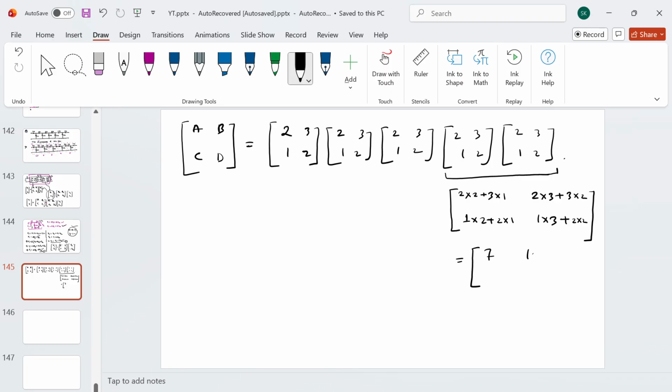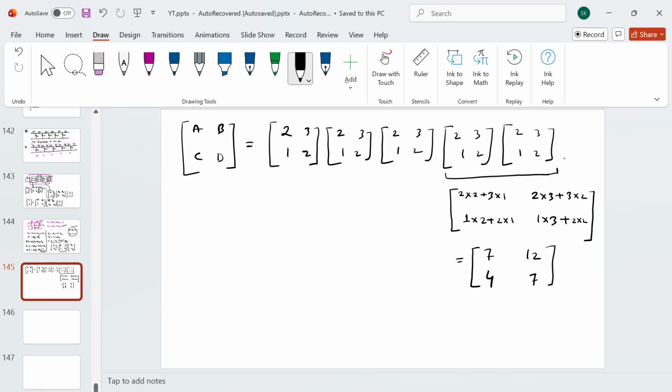6, 6, 12, 4, 7. Here also the A and D is same, and 7 into 7 minus 12 into 4, that is 1. So this will also be a symmetric and reciprocal network.